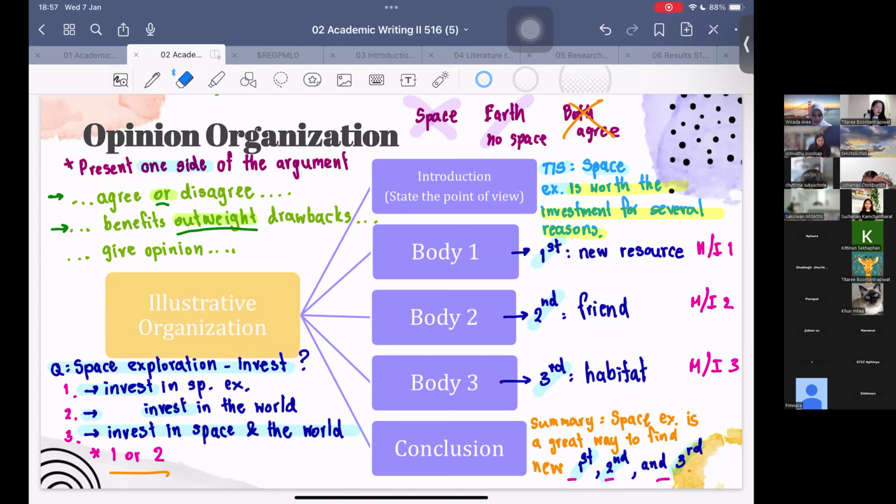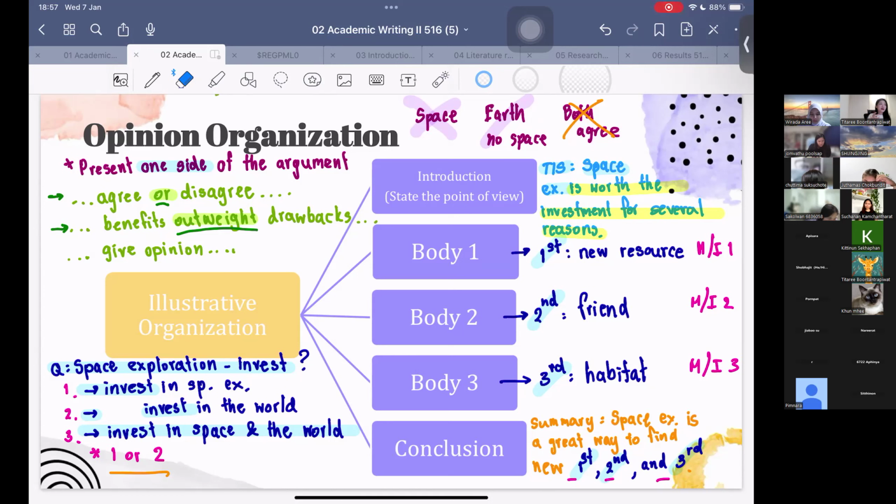So this one is the baseline type of essay structure. When you need to provide things from the same categories, from the same group, you divide each group or each detail separately in a separate body paragraph.